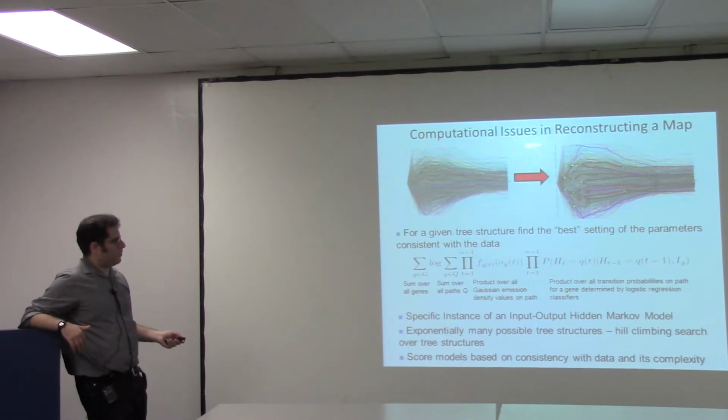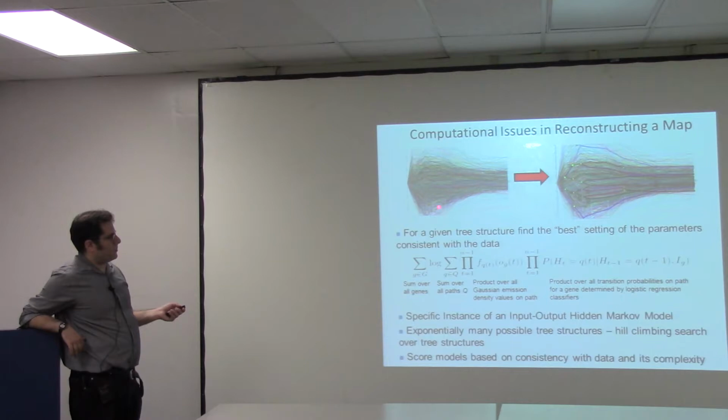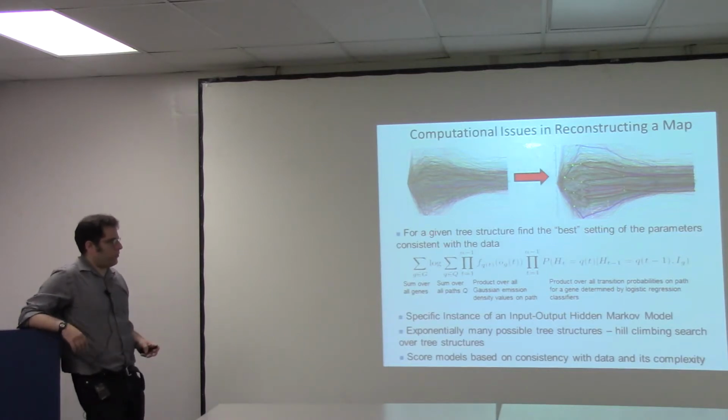So just to go over some more details about how we actually go from this expression to this type of tree structure, first, for a given tree structure, we want to find the best setting of the parameters that would be consistent with the data.